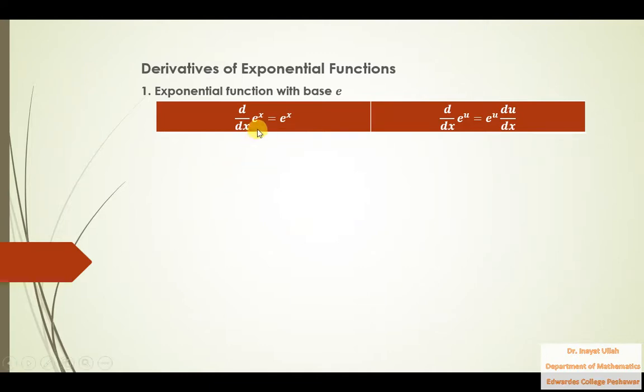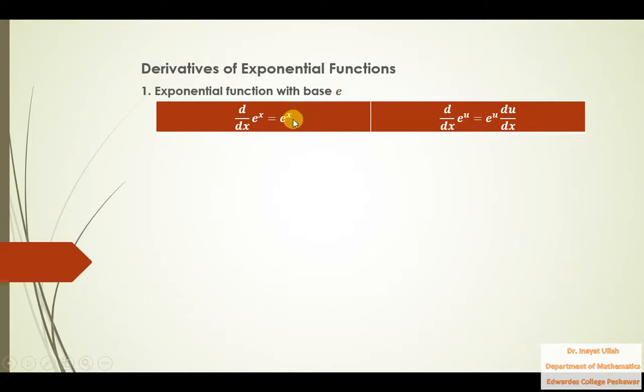The derivative of e power x is the same e power x. That is a simple case, and whenever there is e power u, the power of e is actually a function of x, u. So the derivative of e power u is the same e power u, but further multiplied by the derivative of this power u.